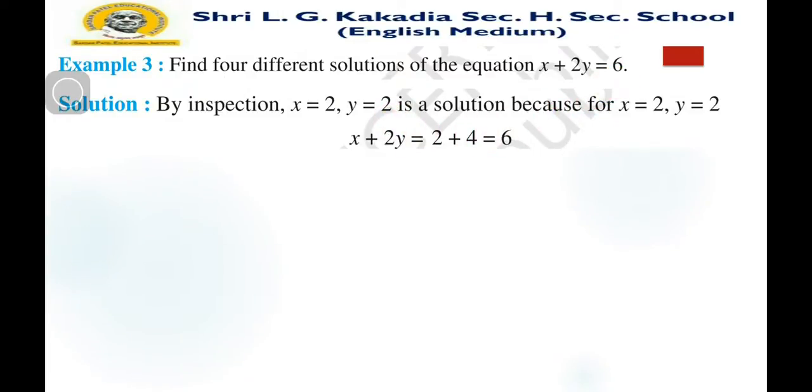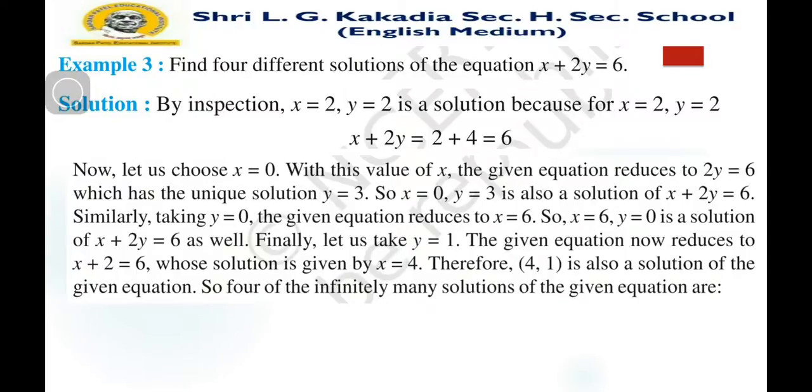By inspection we can also find some other values. Now let us choose x is equal to 0. The given equation reduces to 2y is equal to 6. Which has a unique solution, then y is equal to 3.